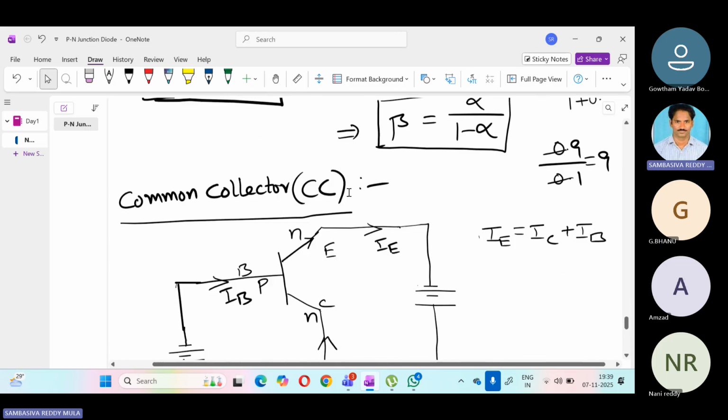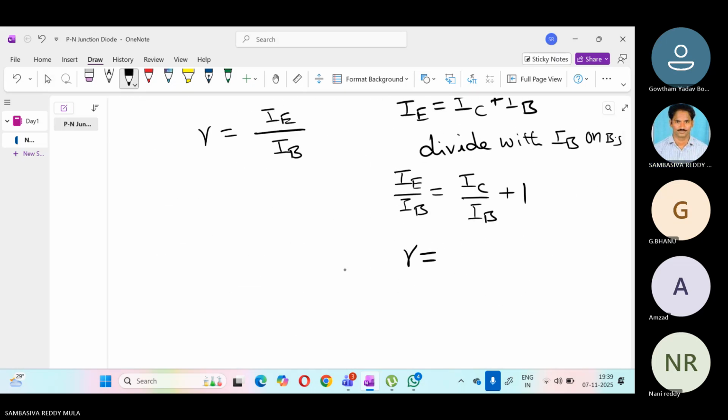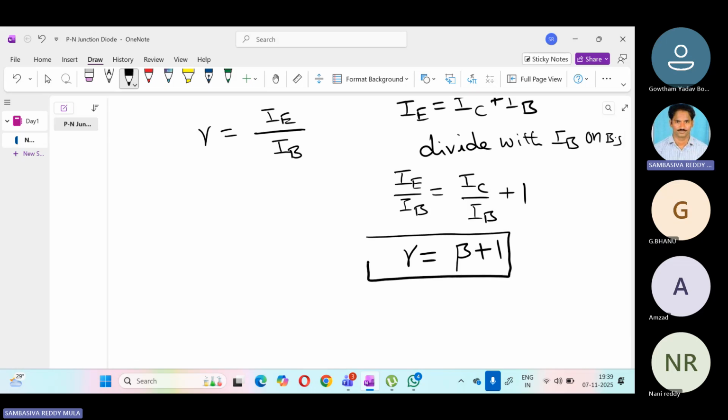IC by IB. So here we'll write beta. So this is written as beta plus 1. Now we have the relationship between gamma and beta: gamma is equal to 1 plus beta.